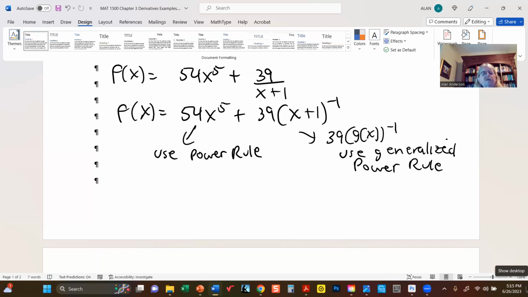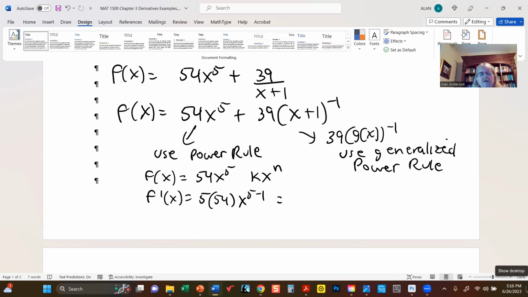So for this one, we should have a 220, no, sorry, 270 x to the fourth, which represents nk x to the n minus 1. So the first term is easy.